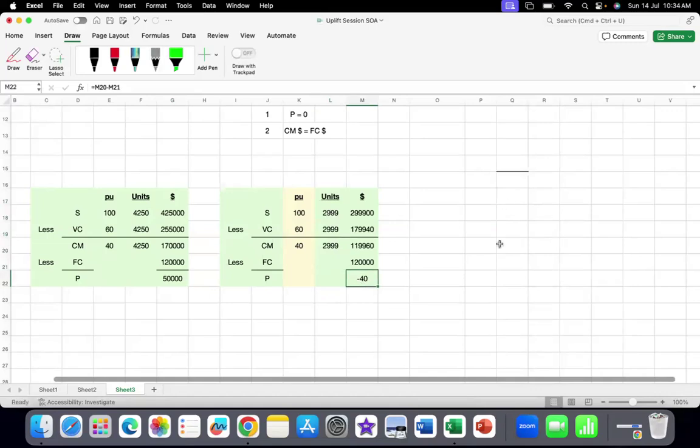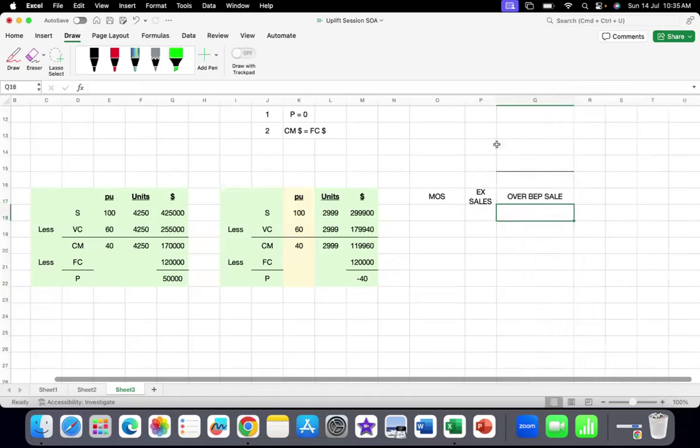So how many units would I be required to maintain my safety level? That is called margin of safety. What does margin of safety mean? It is your excess sales over your BEP sales.